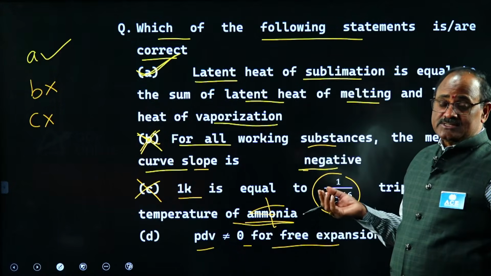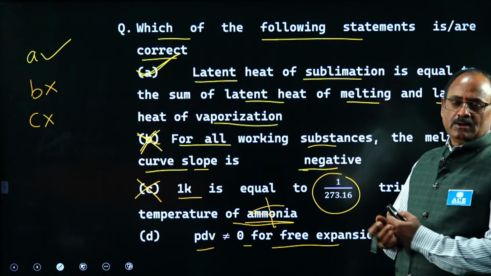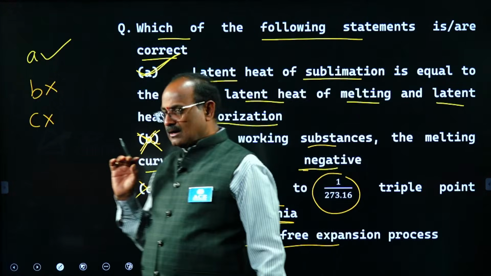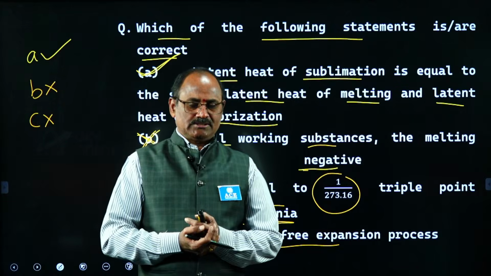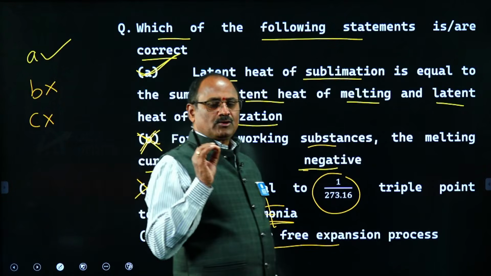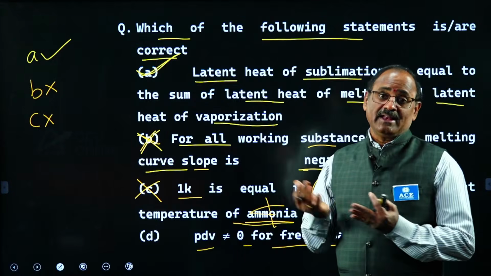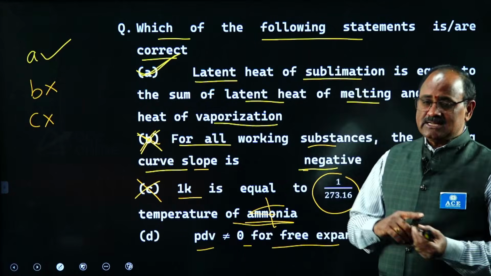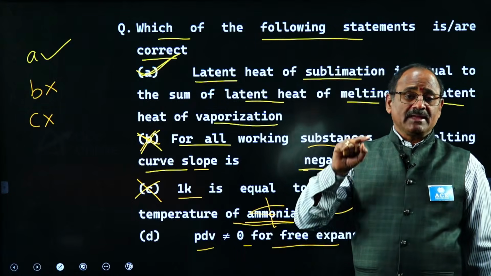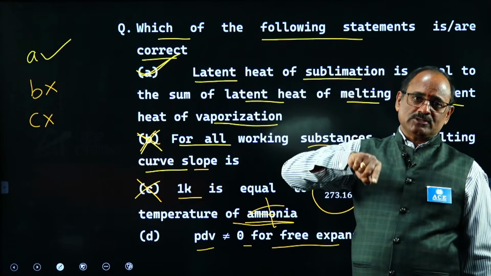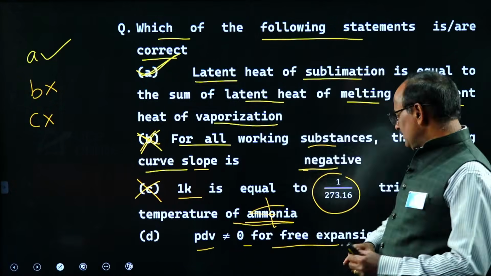Free expansion is an irreversible closed system process, like how the throttling process is an irreversible steady flow process, whereas free expansion is a non-flow irreversible process.